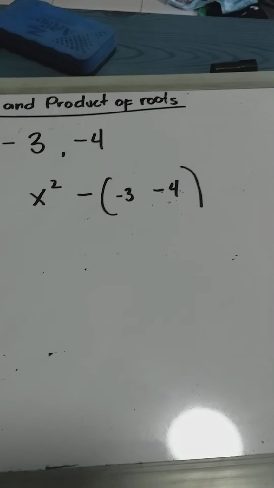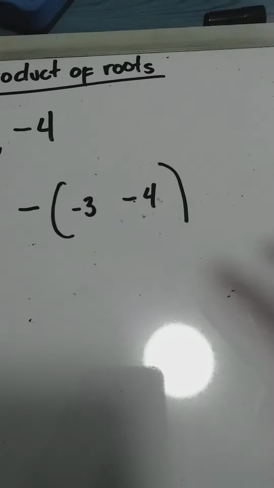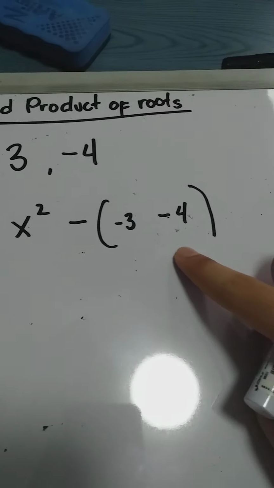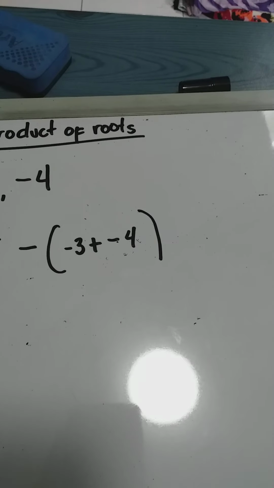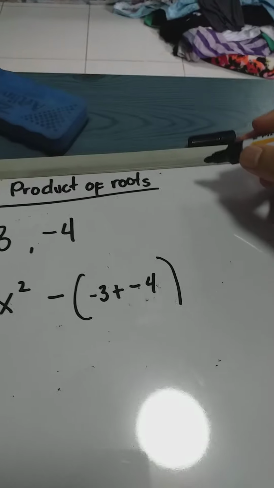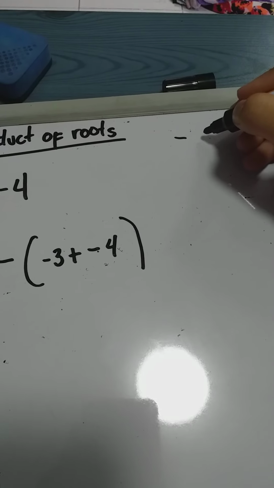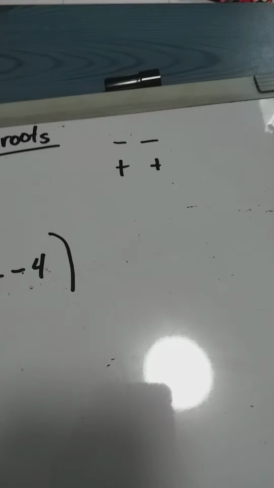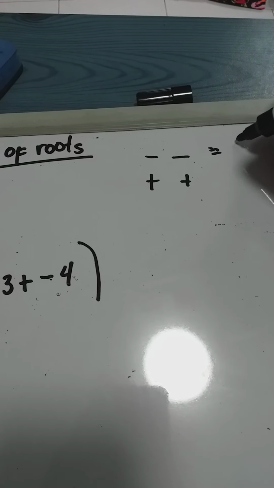If they're both negatives, just put an add between them so you don't get confused. And if you remember the rules for adding and subtracting integers, if they're both the same sign, you add them.